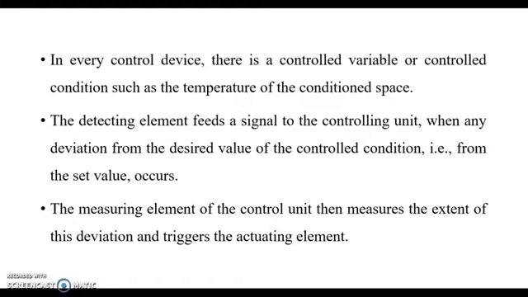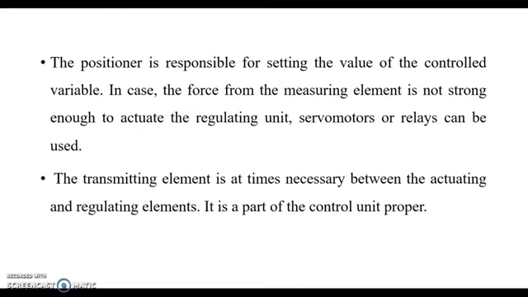And next, the measuring element of the control unit measures the extent of this deviation and triggers the actuating element. Next, the positioner. The positioner is responsible for setting the value of the controlled variable. In case the force from the measuring element is not strong enough to activate the regulating unit, we use a servo motor and a relay to position the valve.